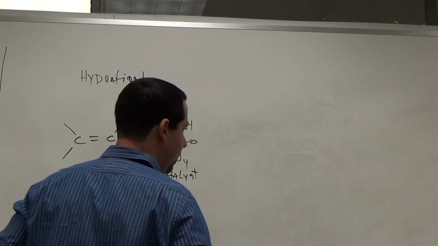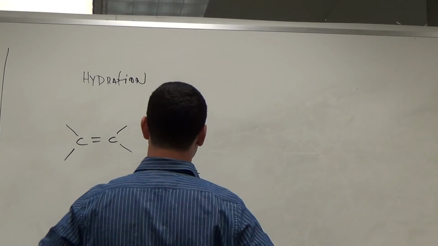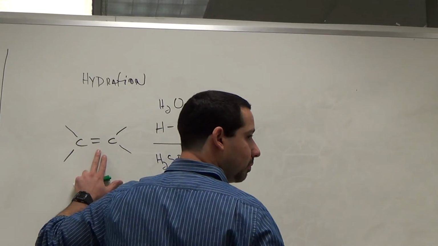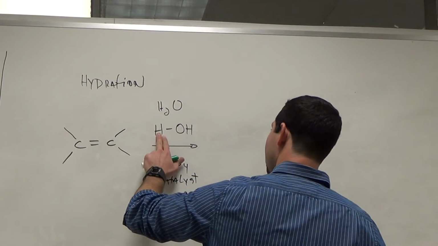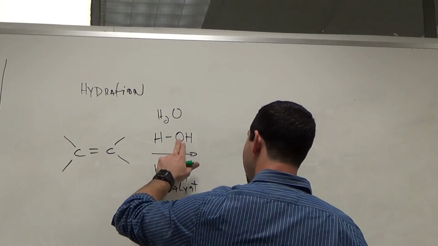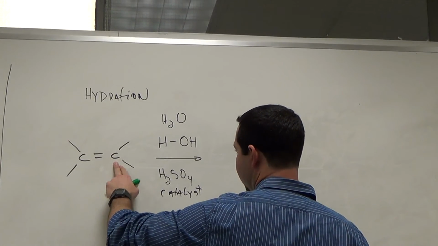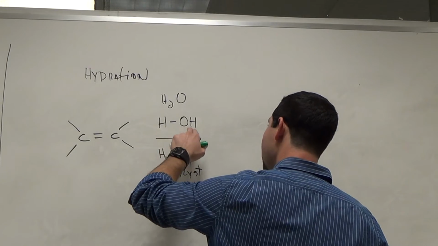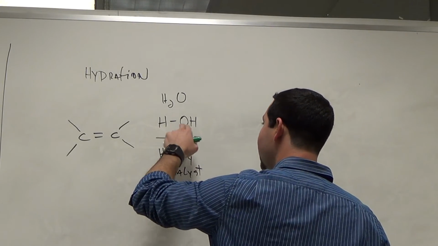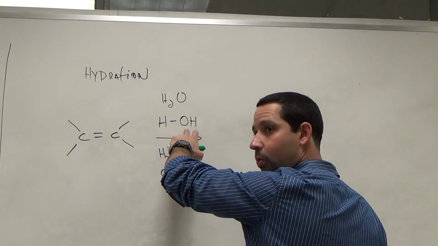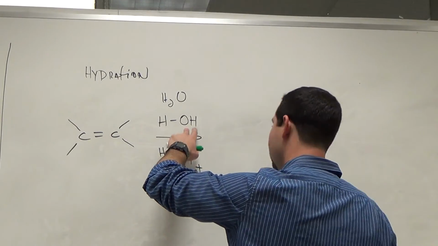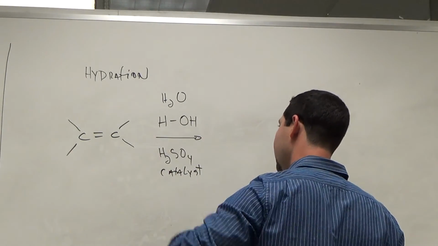So what's going to happen here? One hydrogen is going to add to one side and the OH to the other side. This is like before, where it was a Br and a Br, or an H and a Cl. They all look the same, do they not? So it's not like you have to memorize everything again and again.